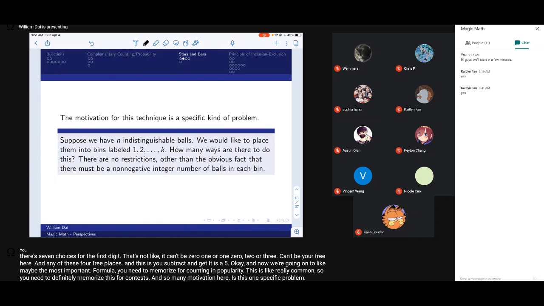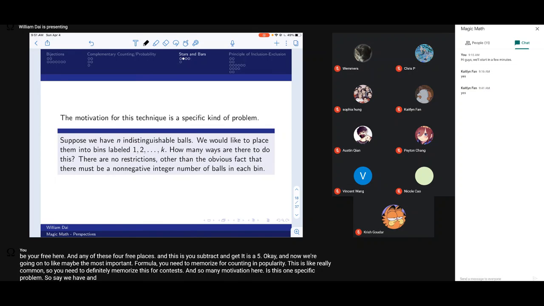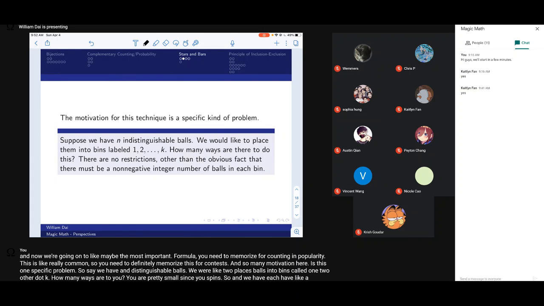Say we have indistinguishable balls. We would like to place these balls into bins called 1, 2, up to k. How many ways are there to put these balls into these bins? We can have a non-negative integer amount of balls, so we can have 0 balls in a bin.